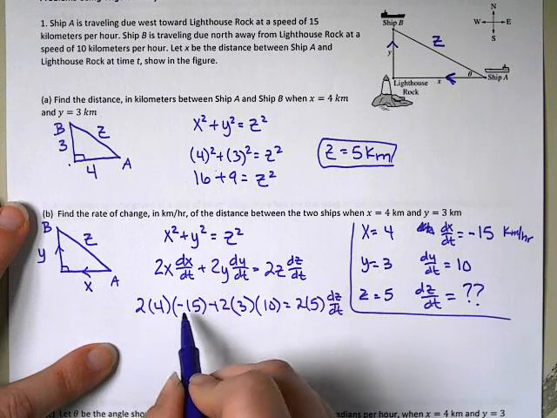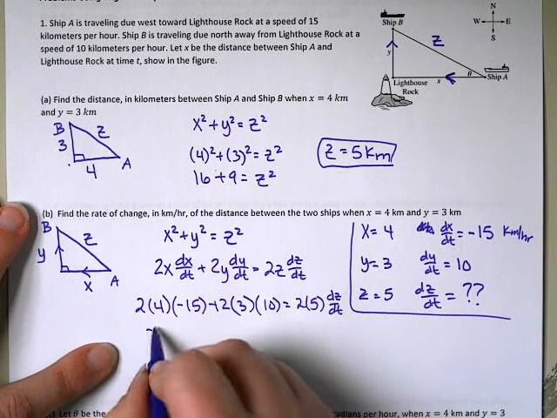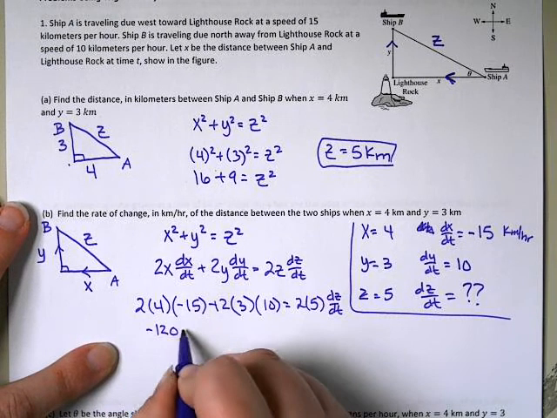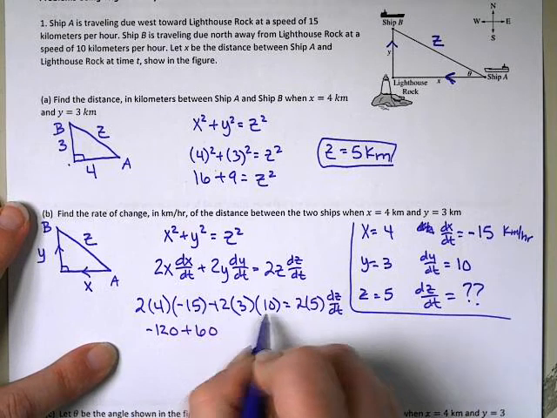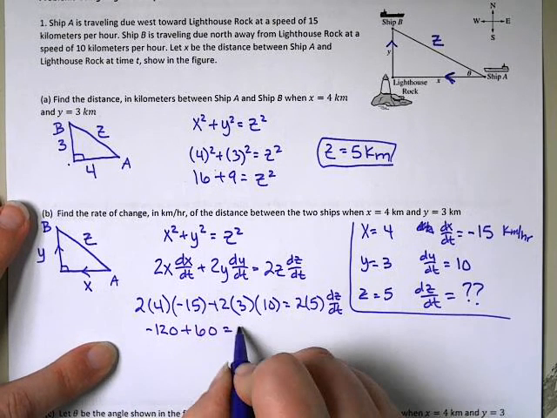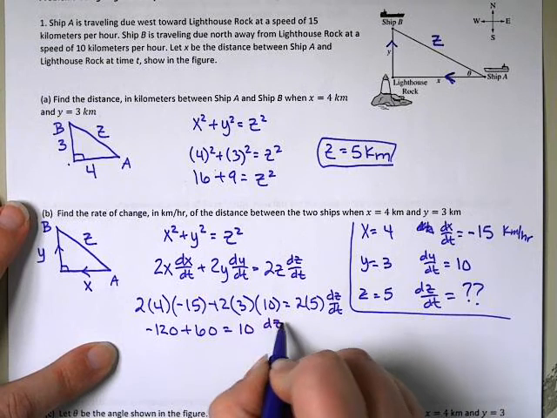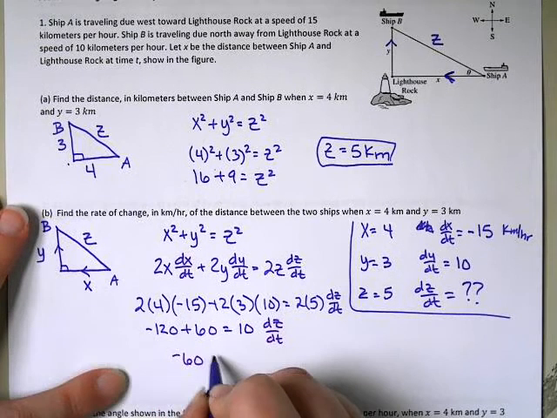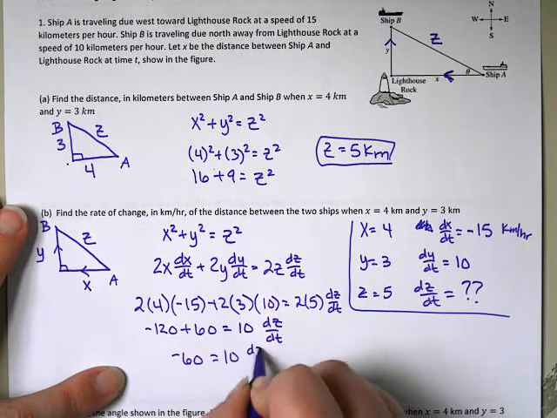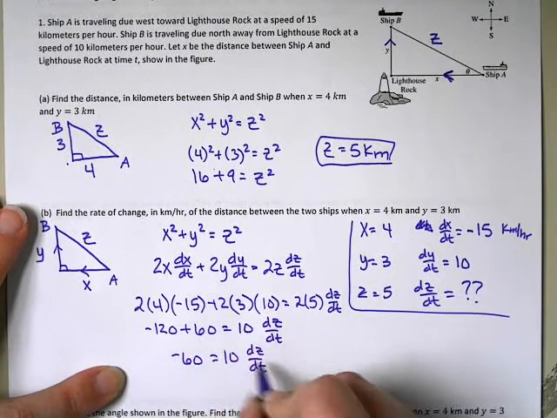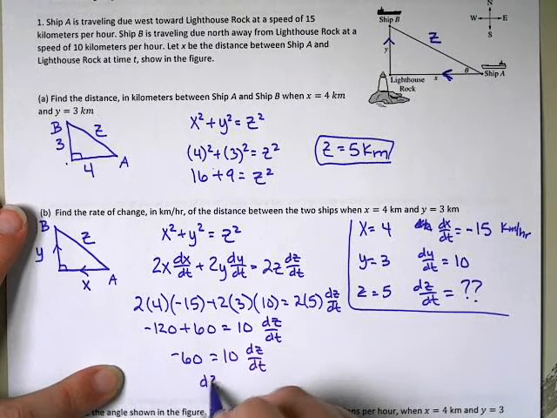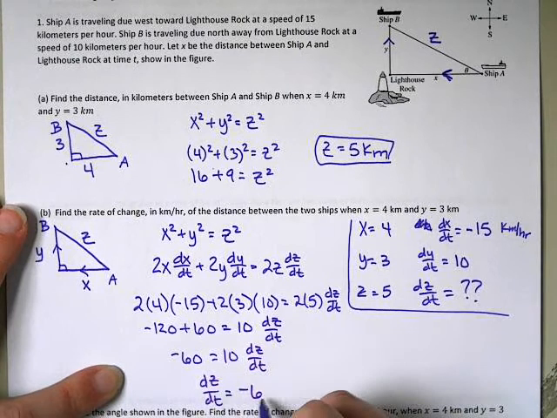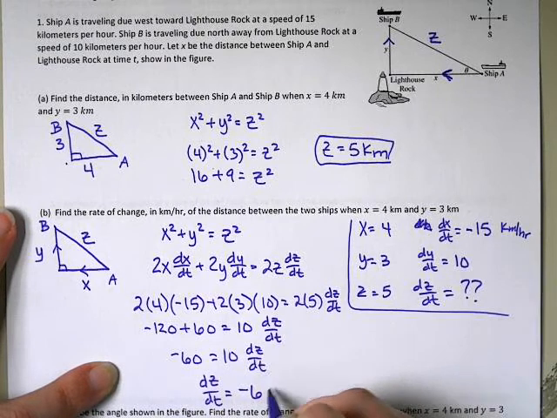So 2 times 4 times negative 15, we get negative 120, plus 2 times 3 times 10 is 60, equals 10 dz/dt. Negative 60 is equal to 10 dz/dt, and if we divide by 10, we get that dz/dt is equal to negative 6, and we need some units here, kilometers per hour.